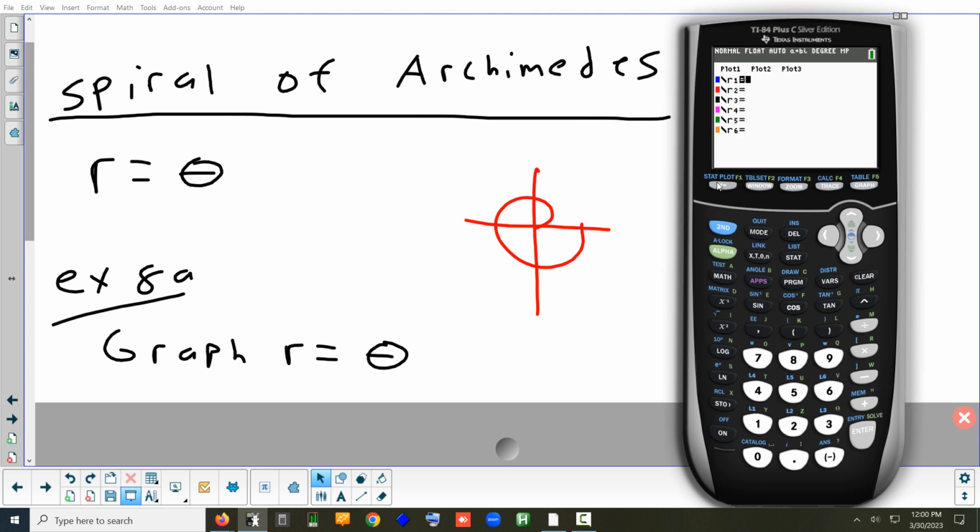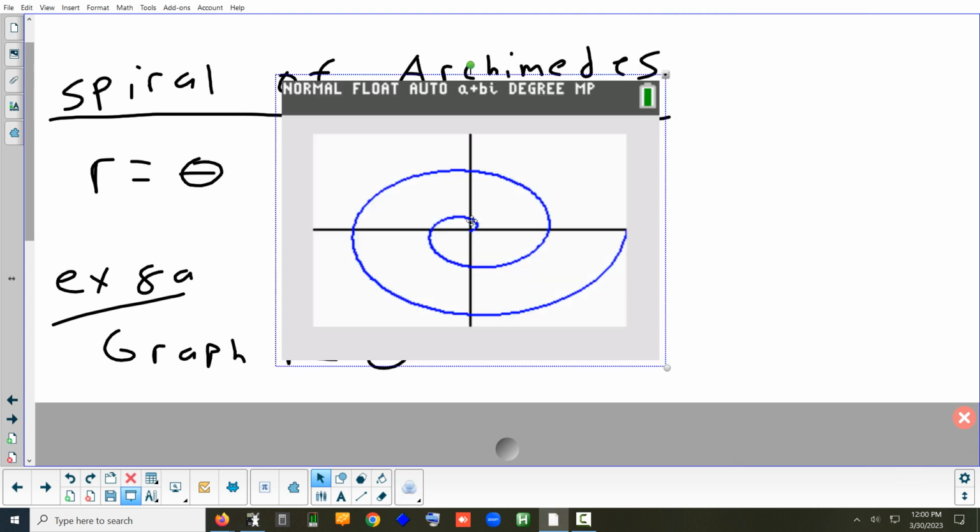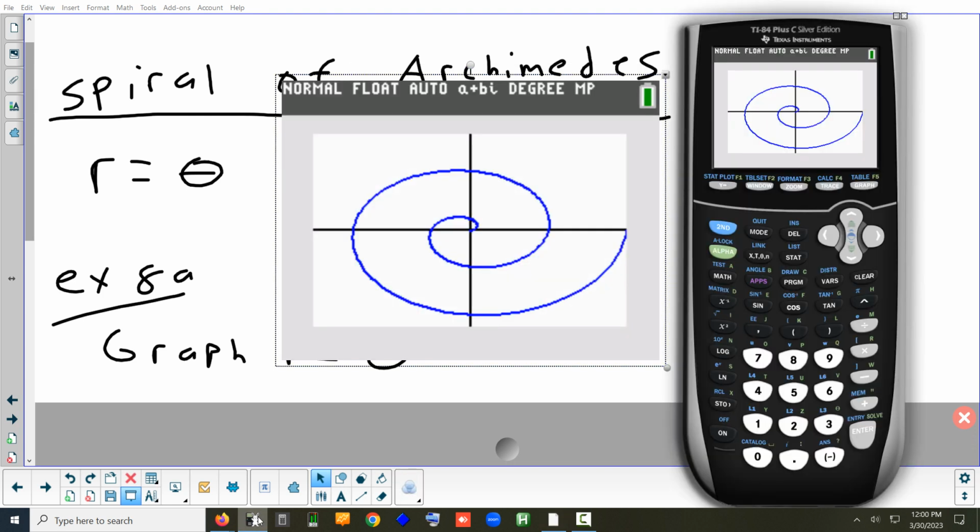And then we could look at what happens if, well, let's take this picture, just save that. What do you think would happen if I went negative 720 to 0? Let's start with an easy question. How many revolutions of the spiral am I going to get? 2. We're going to get 2. Any idea how it's going to look different from this one?